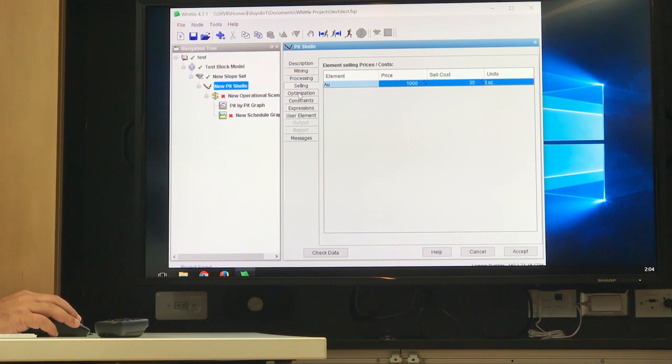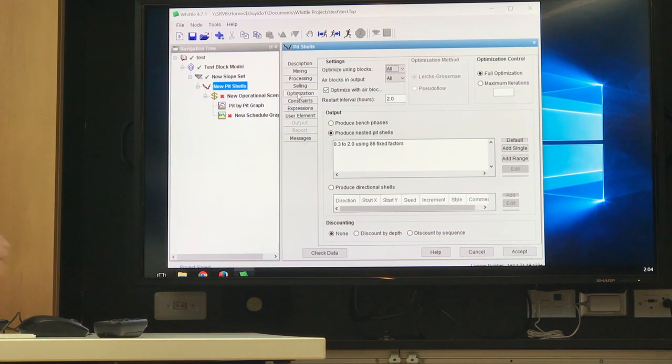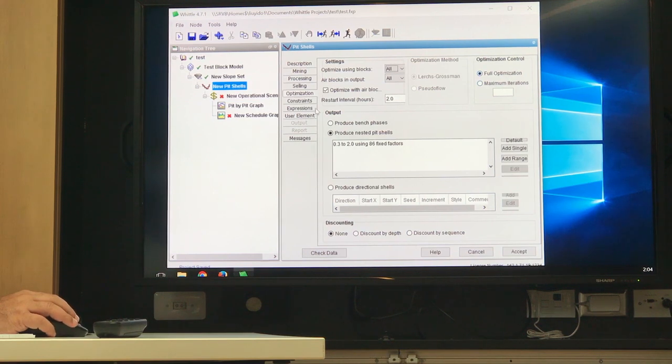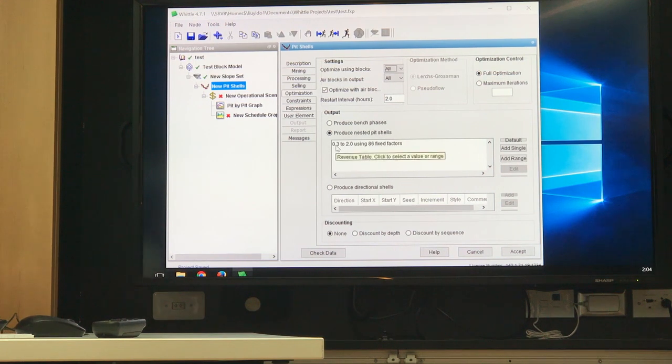Then the next one is optimization. By default, it's going to do a full optimization. That's what you want. It's going to take the whole block model, including the air, and it is going to do it by applying this range of revenue factor, which, as you could see, is changing from 0.3 to 2.